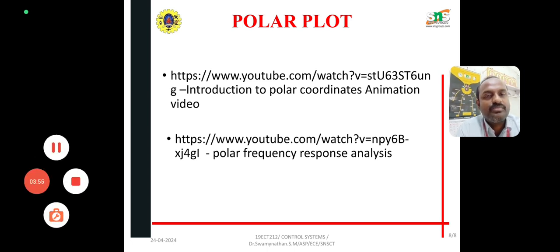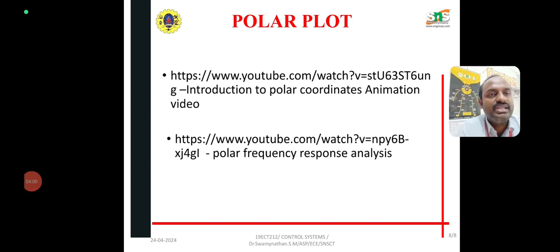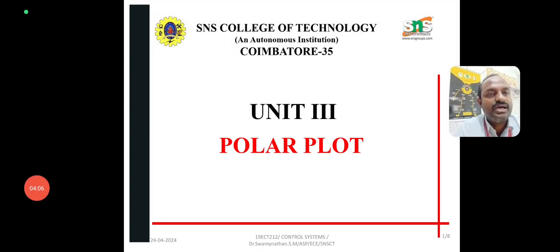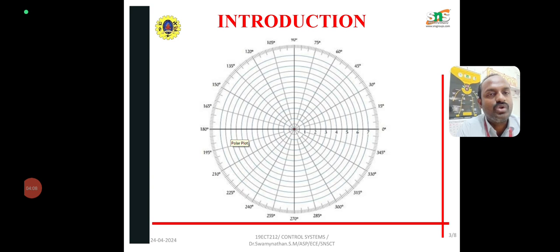Here the polar plot is drawn from two different values on the polar plot sheet. You need to find the magnitude as well as the phase angle, the same way as for the Bode plot.